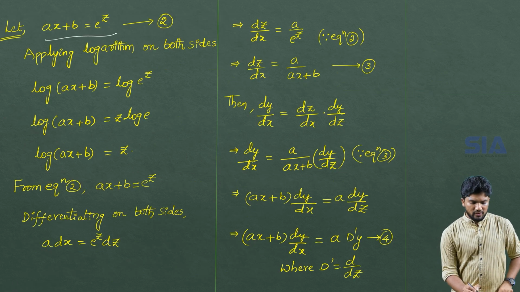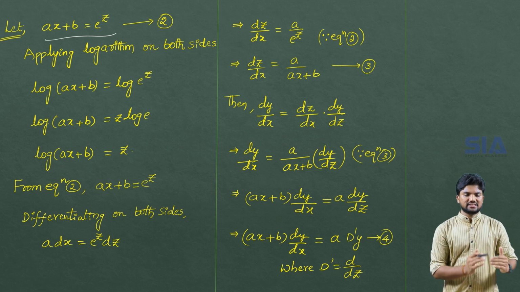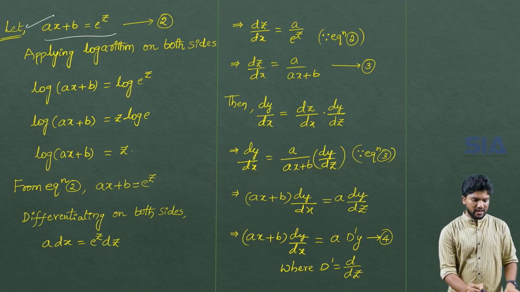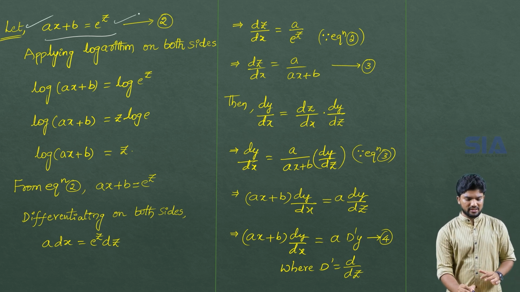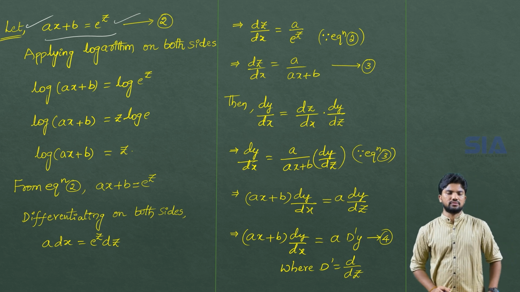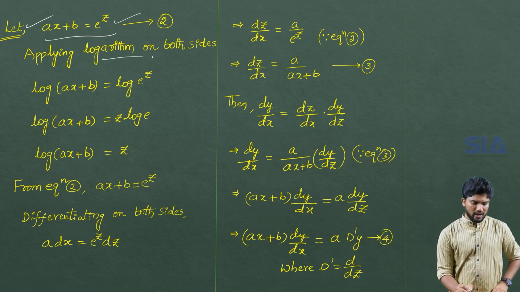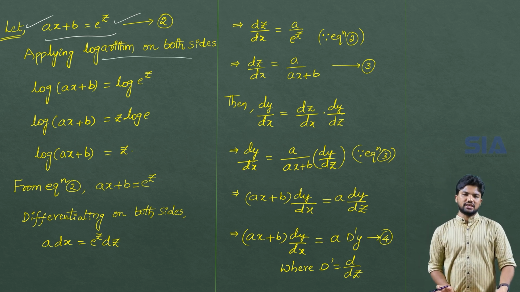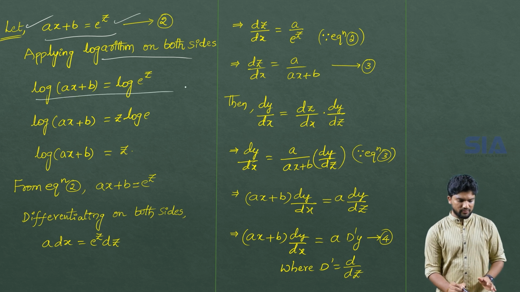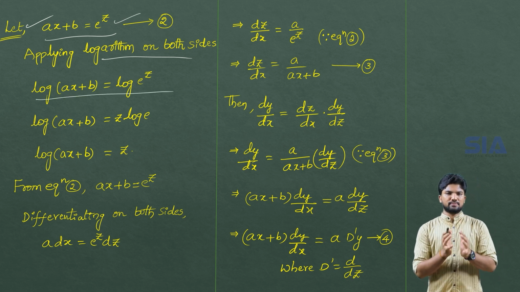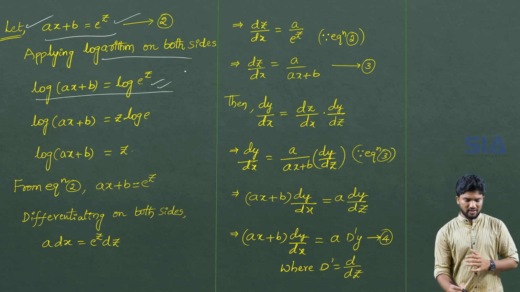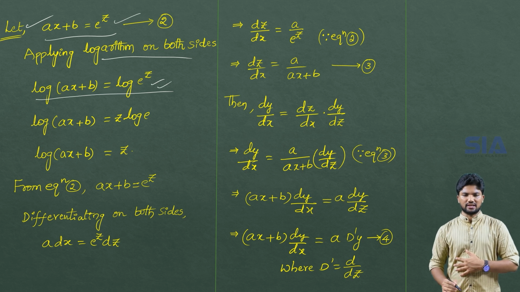So if you take that substitution function as ax plus b, let ax plus b is equal to e power z, taking it as equation number 2. After taking that function, Amma, apply logarithm on both sides. Okay, observe the procedure carefully. Logarithm of ax plus b is equal to log of e power z. On both sides we are applying the logarithm.